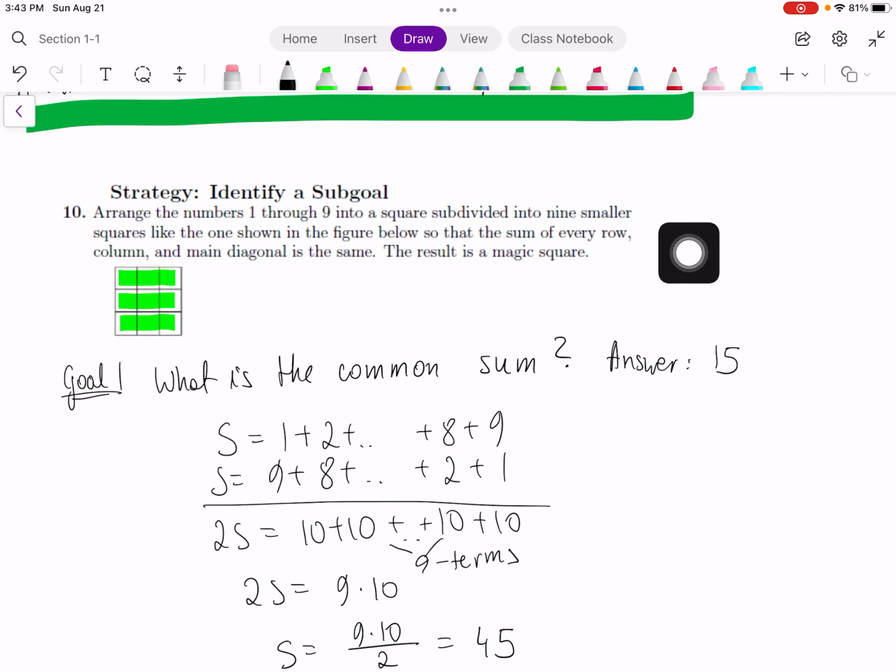I should be able to list now how many possibilities do I have. Well, that's also good to know. I'm going to list exactly what possible sums I have, but it's good to know how many. So notice, if I look at those sums here on the picture, I have 1, 2, 3, because 3 rows, right? Then I have 4, 5, 6, because 3 columns, and then 7 and 8, because 2 diagonals.